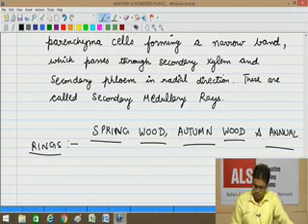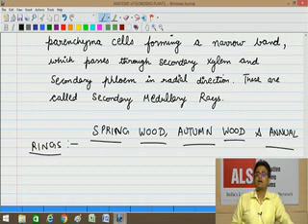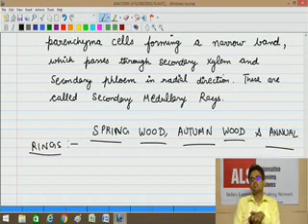On this wood, if you see carefully, you can see some light colored regions and some dark colored regions. So why does this happen? The reason is when there is an unfavorable condition for the plant. Suppose it is winter season. There is no photosynthesis, no food coming for the plant.